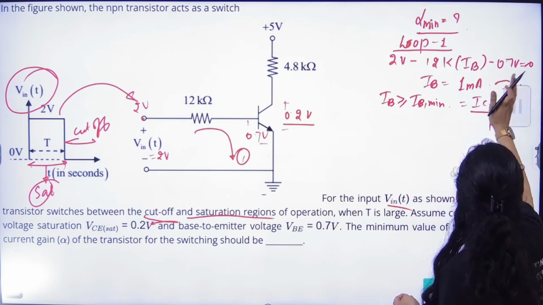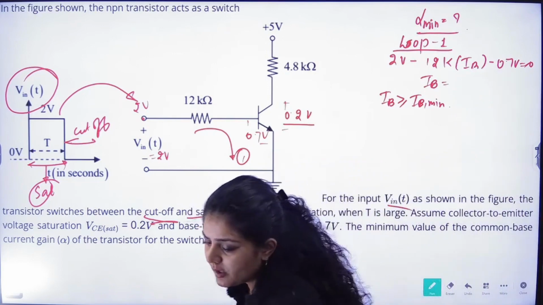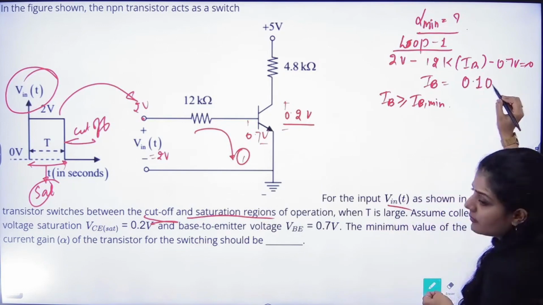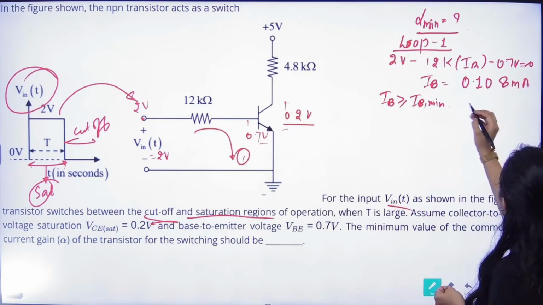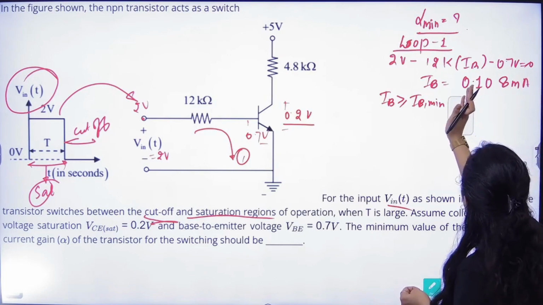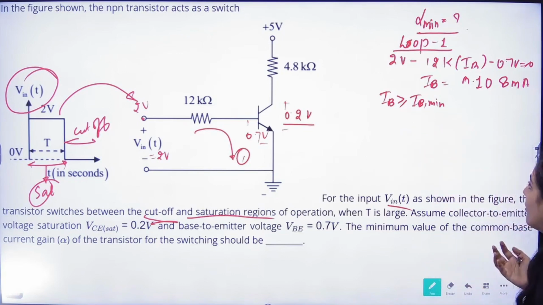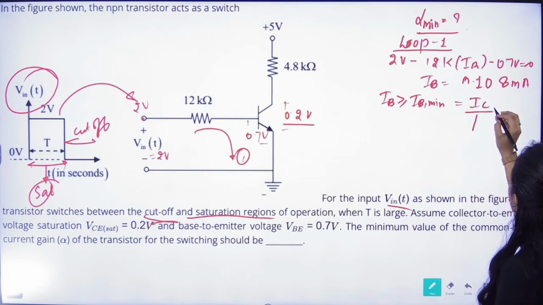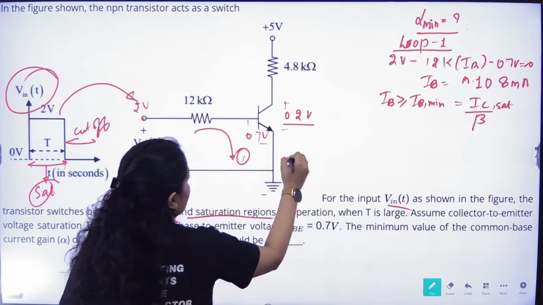The correct IB value, if we solve this, will come out to be 0.108 milliampere. The statement was correct. IB should be greater than or equal to IB minimum, and IB minimum is equal to IC saturation by beta. Now we have to find IC saturation also.